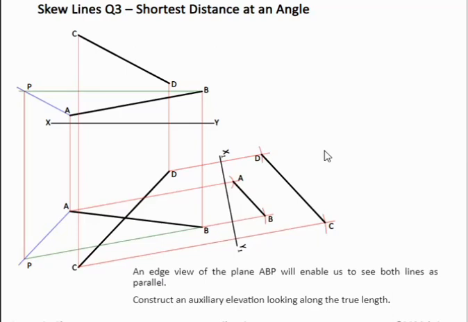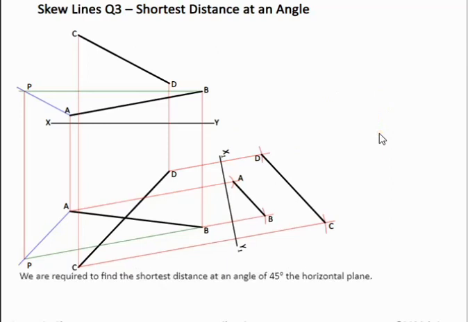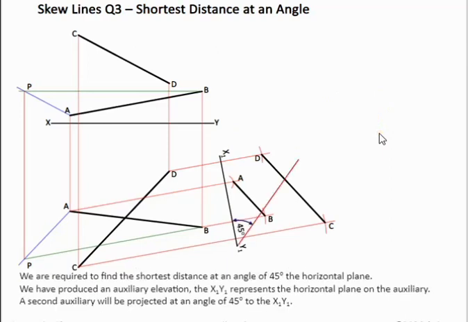So in the previous two questions, we looked 90 degrees to the two lines or 90 degrees to x1, y1. So in this case, we're going to look at 45 degrees. So we're going to project at 45 degrees to x1, y1.